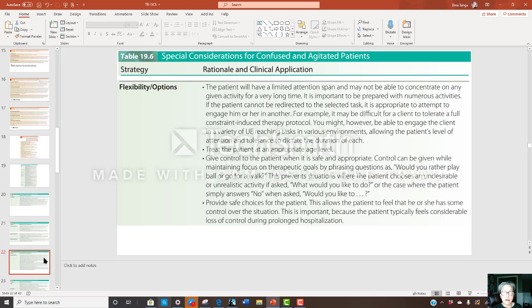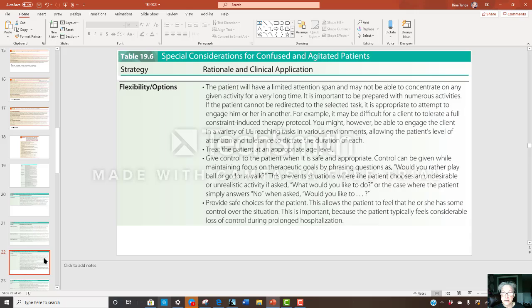Control can be given while maintaining focus on therapeutic goals by phrasing questions as, would you rather play ball or go for a walk? This prevents situations where the patient chooses an undesirable or unrealistic activity if asked, what would you like to do?